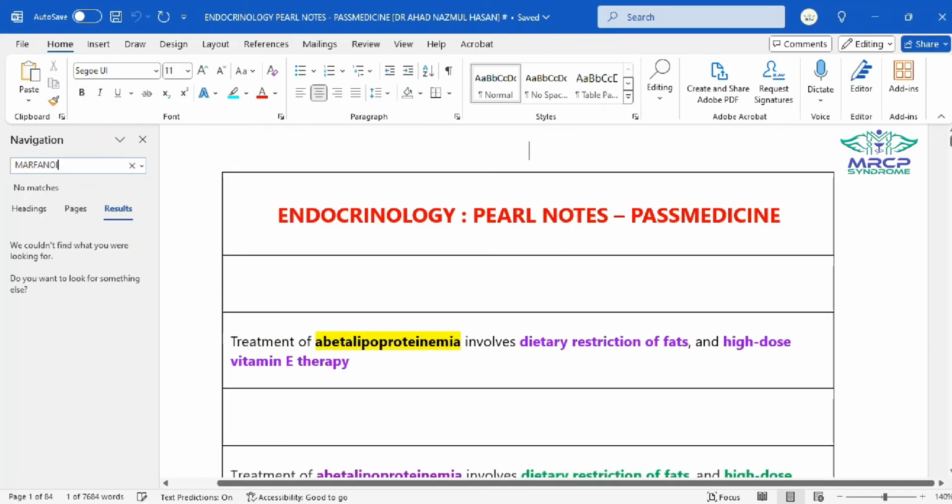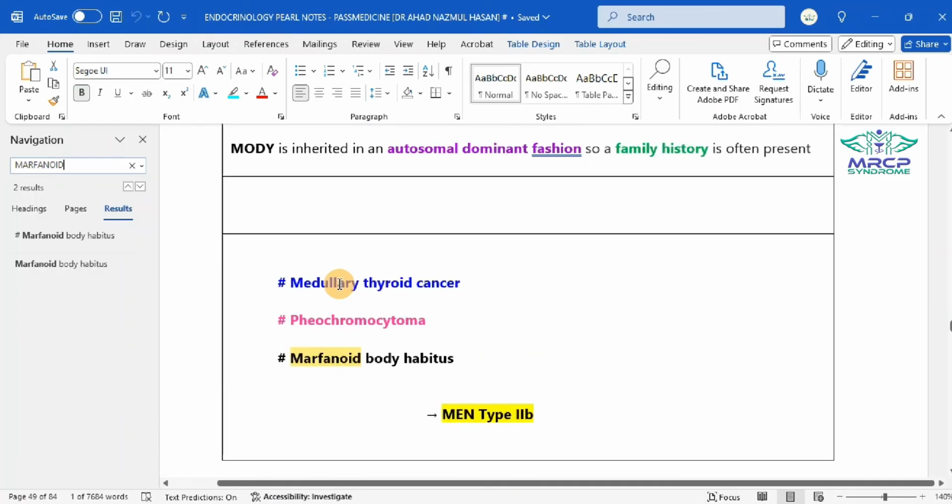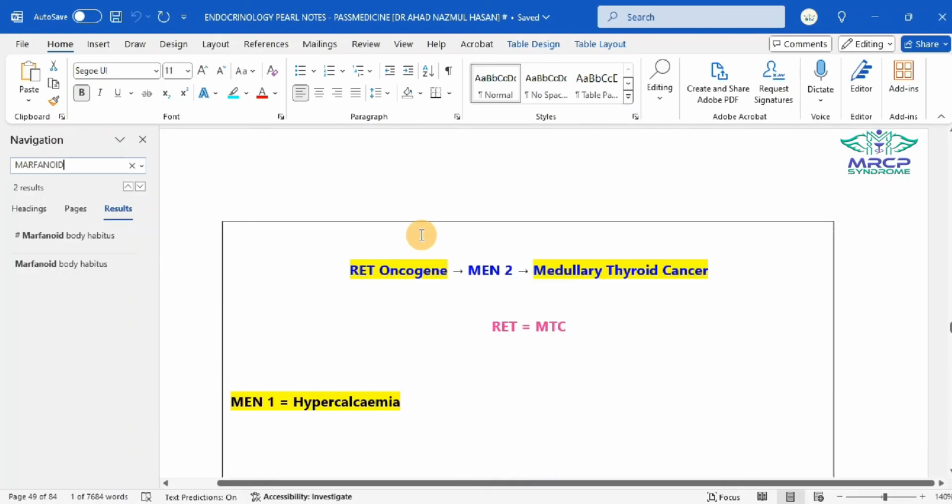And what should be the components of MEN type 1? Parathyroid, pituitary, and pancreatic tumors, the 3 P's. So MTC, medullary thyroid cancer, pheochromocytoma, and Marfanoid body habitus are the components of MEN type 2B.